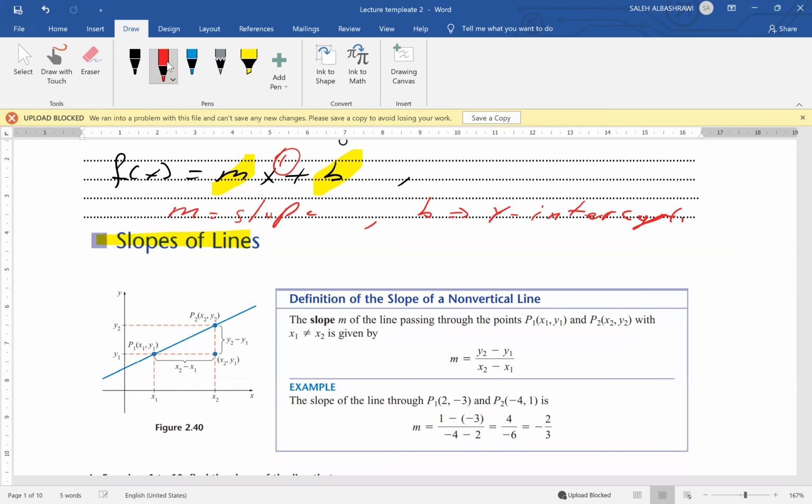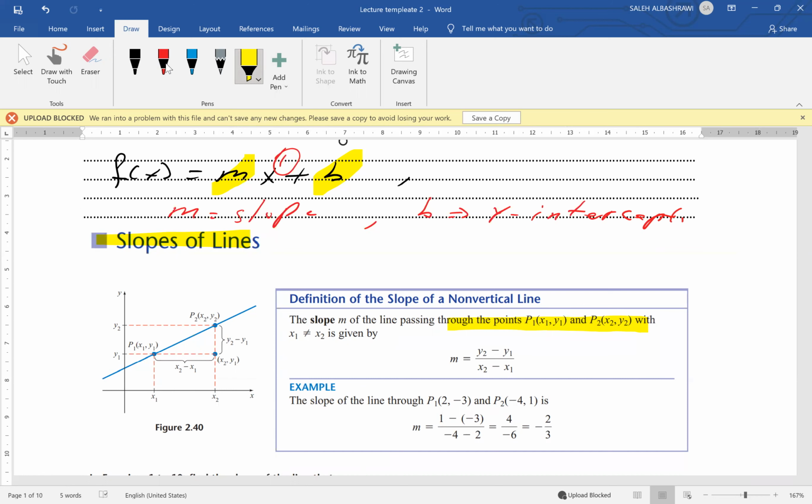Now, how do we find the slope of the line? The slope of the line passing through the points p1 and p2, where x1 is not equal to x2, is given by the difference in the y coordinates divided by the difference of the x coordinates.